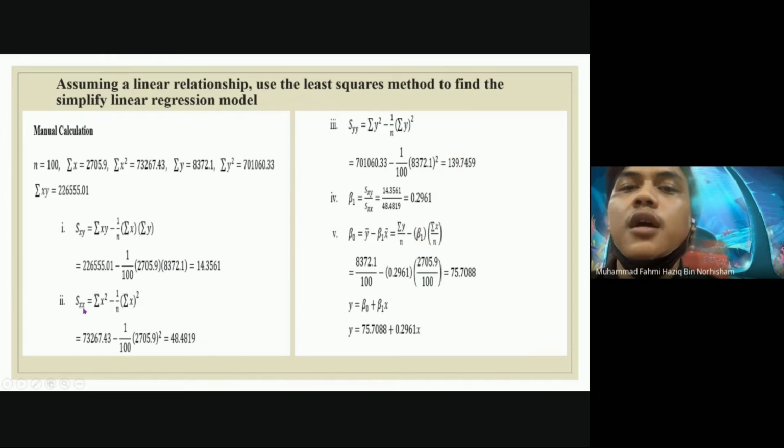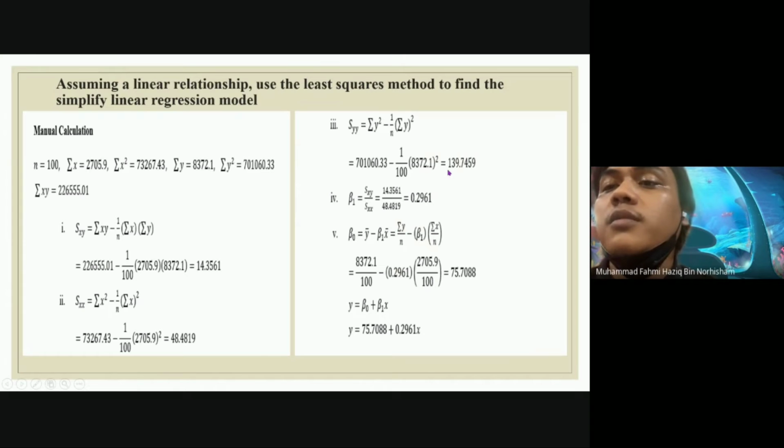For Sxx, we use the formula and we get 48.4819. For Syy, we use this formula and we get 139.7459.